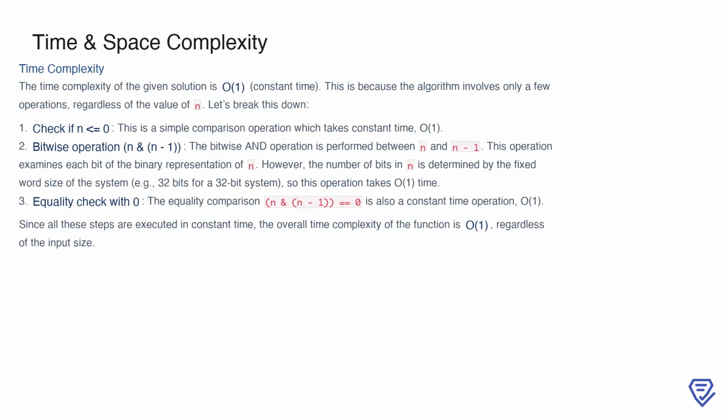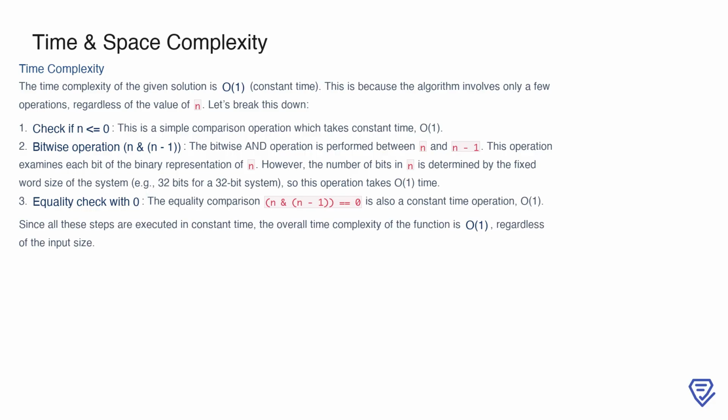However, the number of bits is fixed, determined by the system's word size, like 32 or 64 bits, meaning this step is also O(1). Finally, the equality check to see if the result of the bitwise operation equals 0 is another constant time operation. When we combine all these steps, the total time complexity remains O(1), regardless of the size of n.